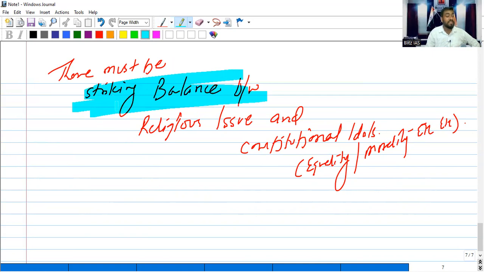This striking balance is a very judicious term. What should be the striking balance? What should be the parameter of this striking balance?